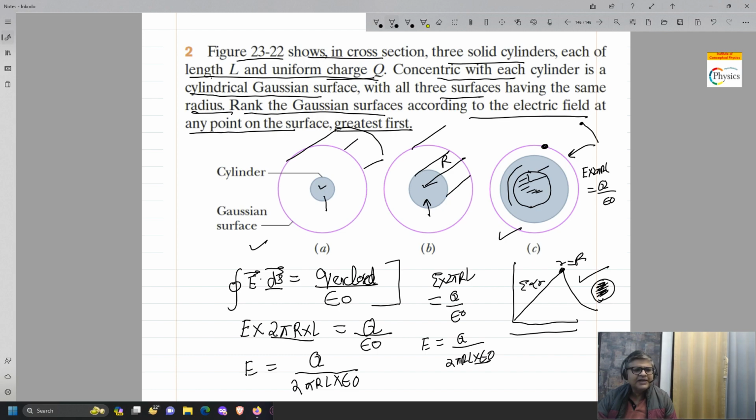The electric field is radial in all the scenarios. This is the center, so radial would typically mean this, the radial direction of the electric field. If you see the answer for the electric field, it is identical. So there is no greatest per se. All the electric fields are identical, they're radial, there is no difference.